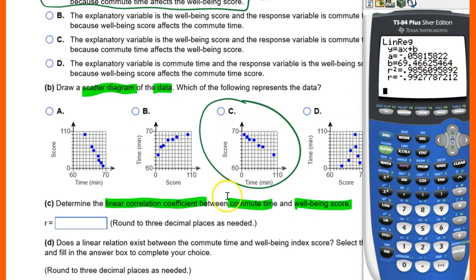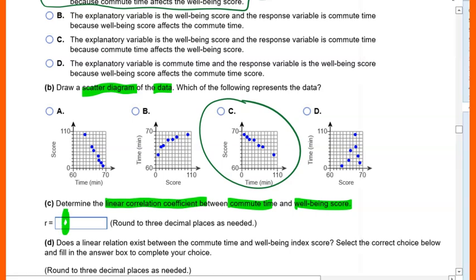If you round it to 3 decimal places, you're going to get negative 0.993. Therefore R is negative 0.993.